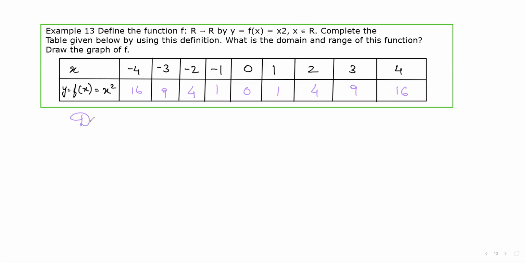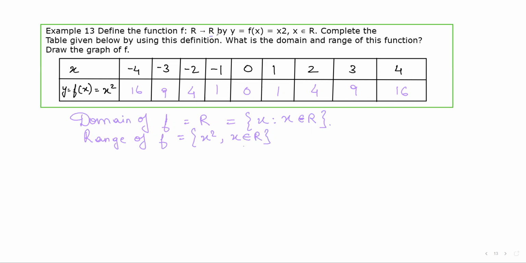So your domain of f is R, or it can also be written as the set of all x such that x belongs to R. Similarly, your range of f is x squared, again where x belongs to R. This R is the second R.